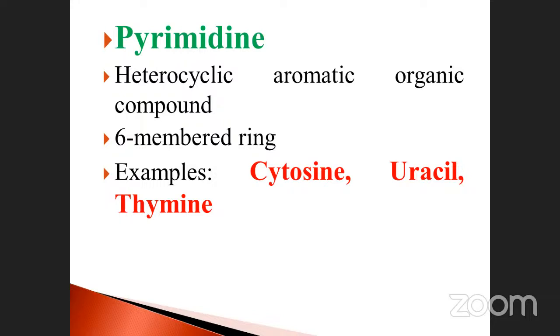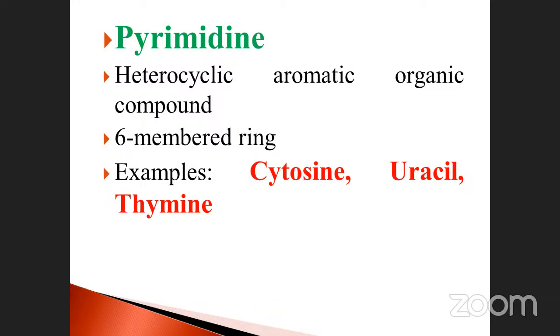These three components present in a polynucleotide chain are called a nucleotide. In the absence of phosphoric acid, when only the nitrogen base and the sugar molecule are present, it is called a nucleoside. Okay, already we discussed.